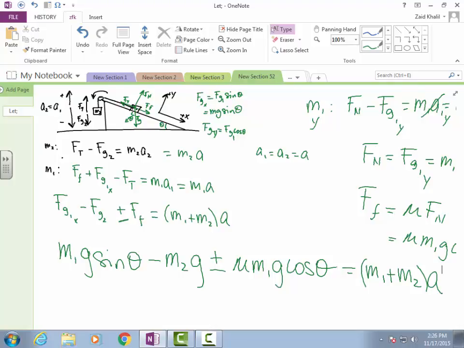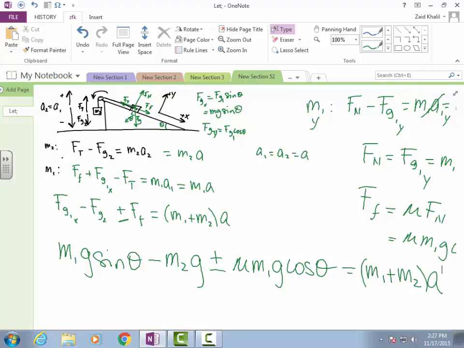So it's going to be mu M1g cosine theta over M1 plus M2. So cosine theta goes to 1. And what do you end up with? Notice that acceleration means what? Let's disregard the sign, because the sign means it's going that way, which we normally called the positive direction.